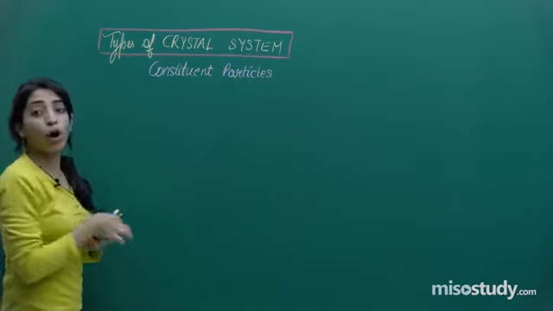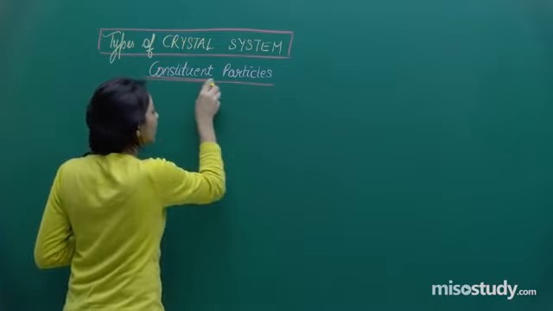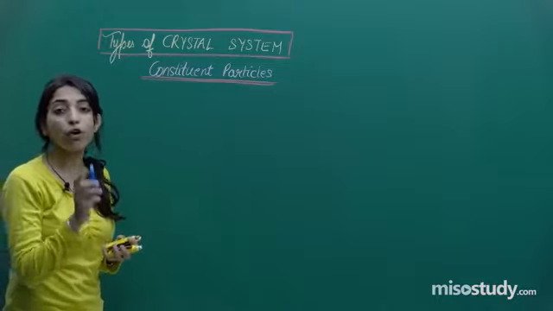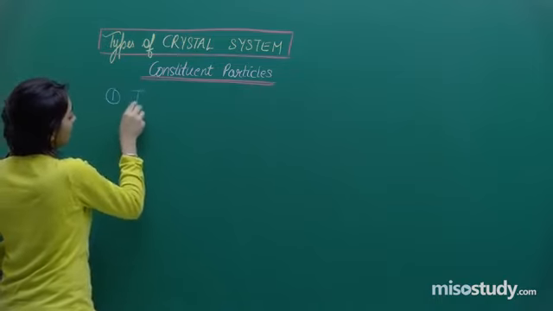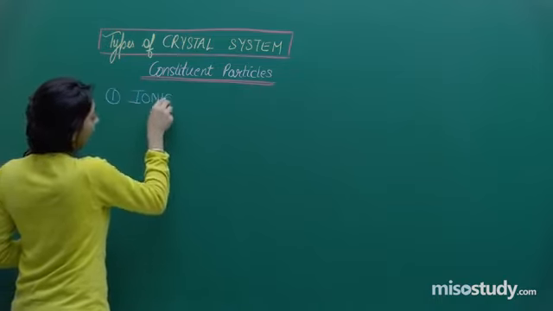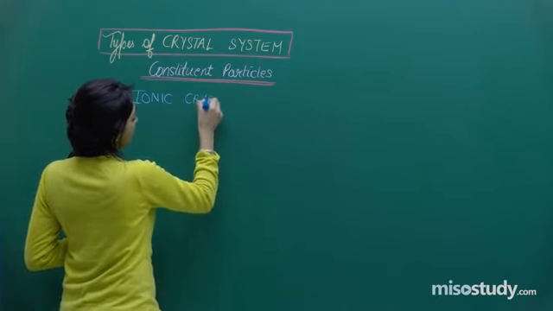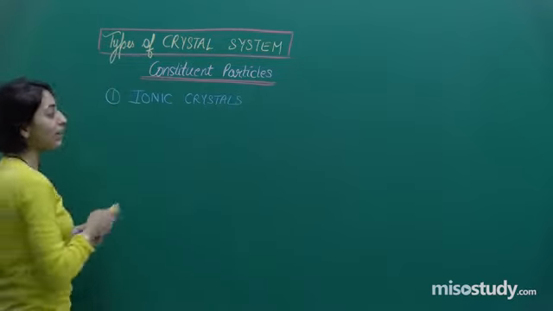So based upon the constituent particles which constitute the crystal, we can divide the crystal system into four categories. The very first category is ionic system, or ionic crystals.